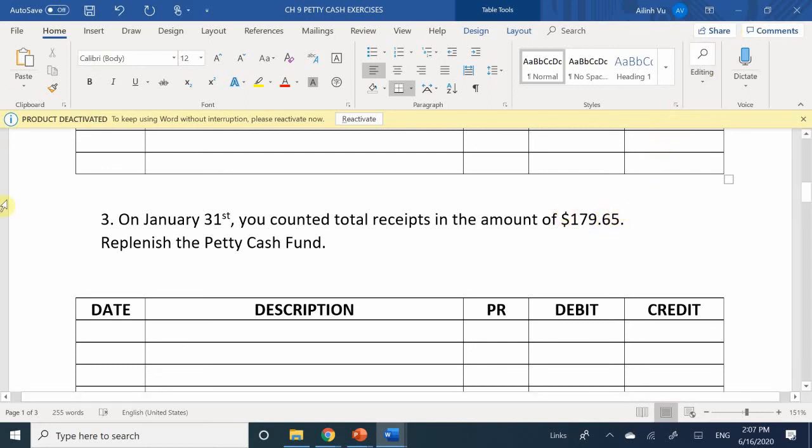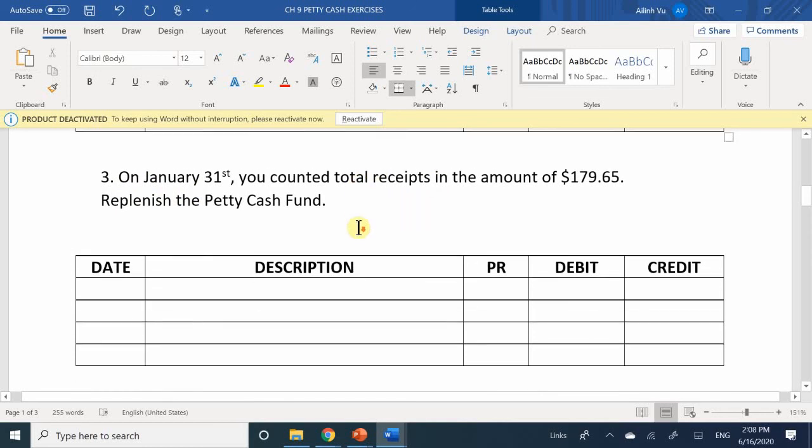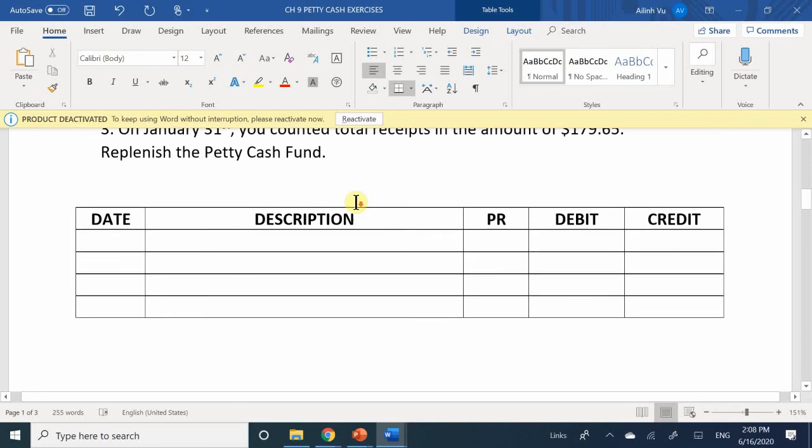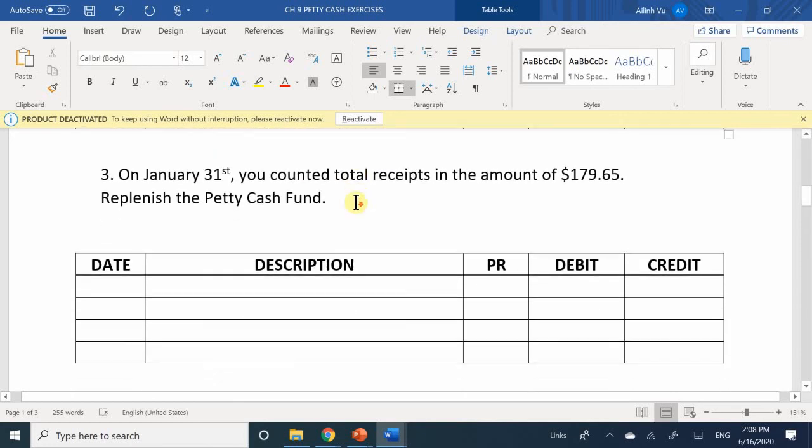If I have that total amount, how do I record replenishing the petty cash fund? Petty cash or 179.65 and checking for that same price. No, that's wrong. You never tap into your petty cash fund.